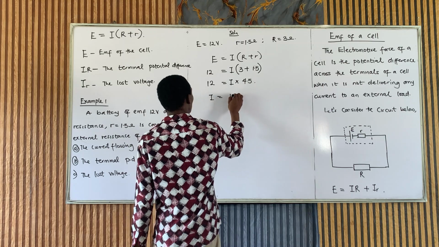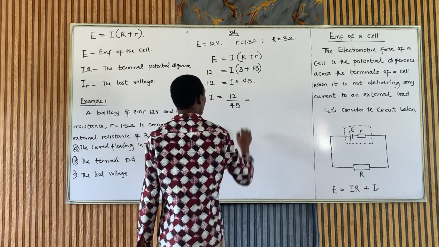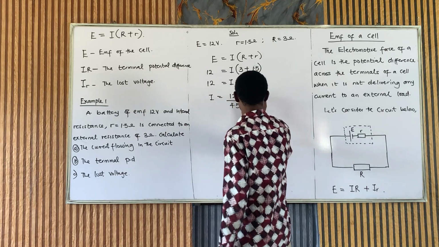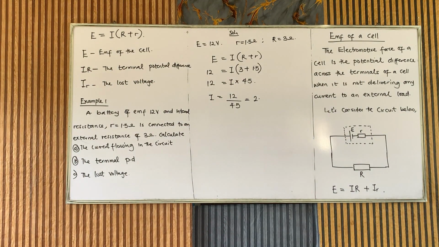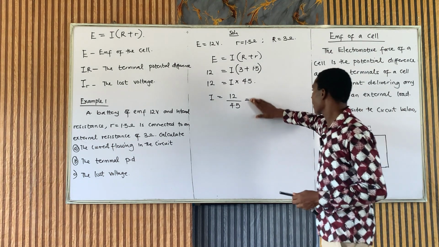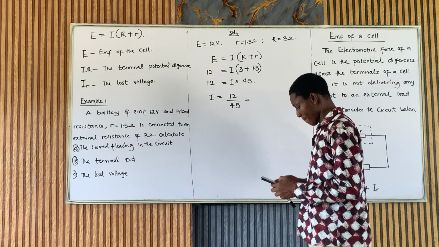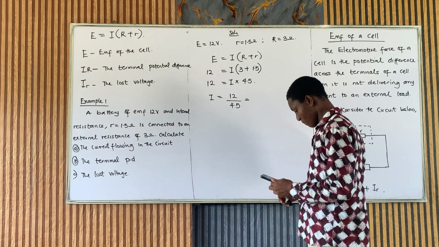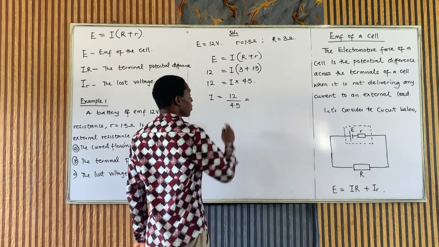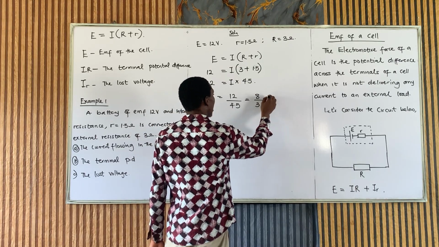So I will be equal to 12 over 4.5. So this will be given as 8 over 3 ampere.